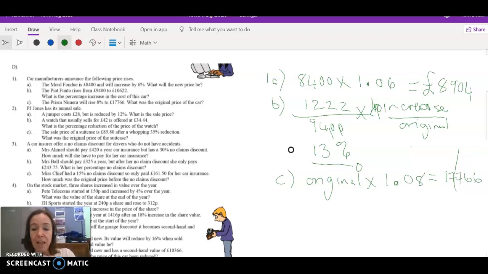Okay. Now, opposite of multiplying by 1.08 is dividing by 1.08.